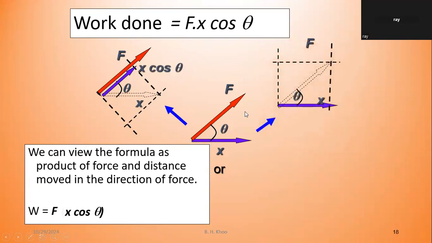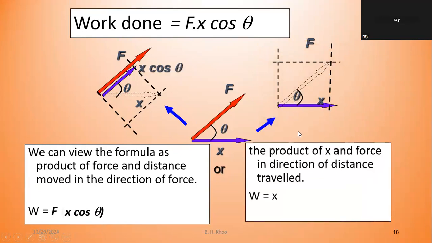Or we can think of it as we did just now. That's the displacement, that's the force, so we resolve the force in the direction of the displacement. Perpendicular direction doesn't do any work. Okay, so both formulas are the same.